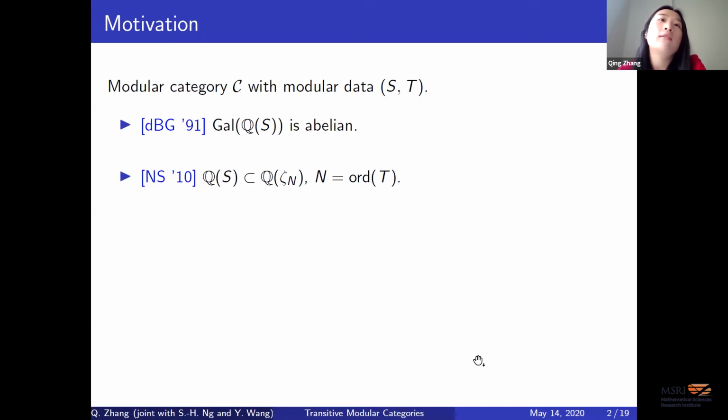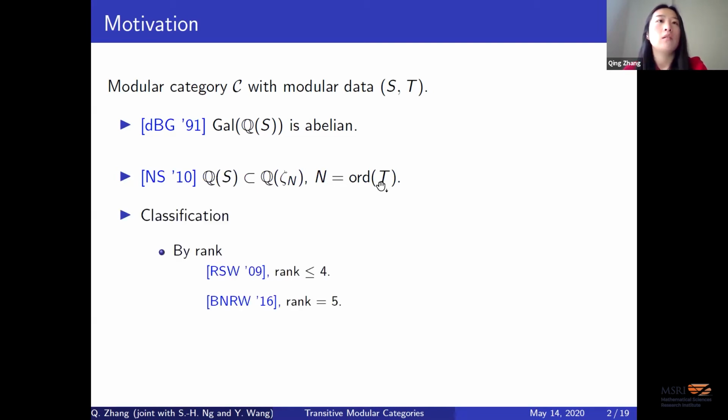In 2010, Ng and Schauenburg showed that the entries of S sit inside the N-th cyclotomic field, where N is the order of the T matrix. This fact is useful in the classification of modular tensor categories.